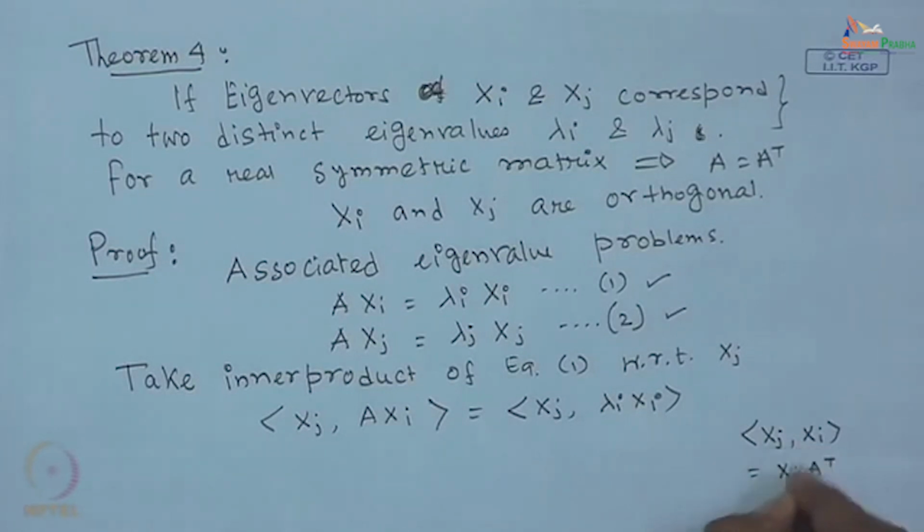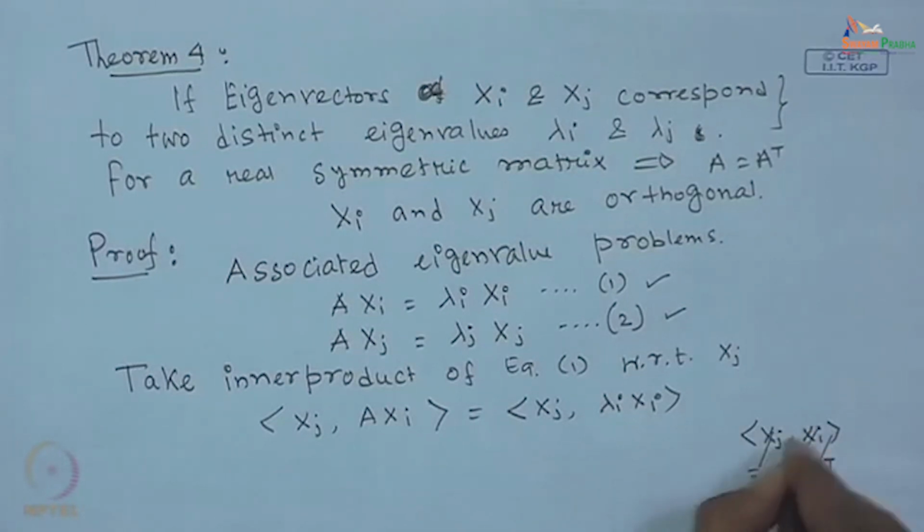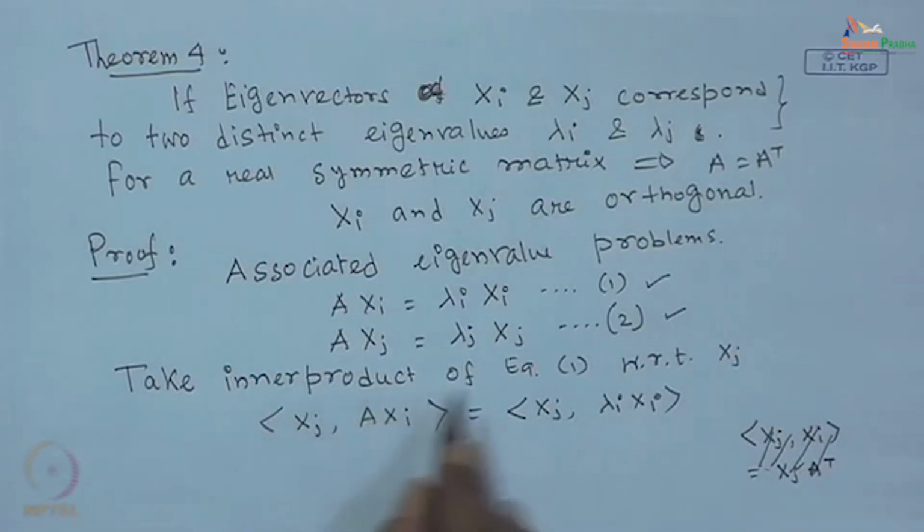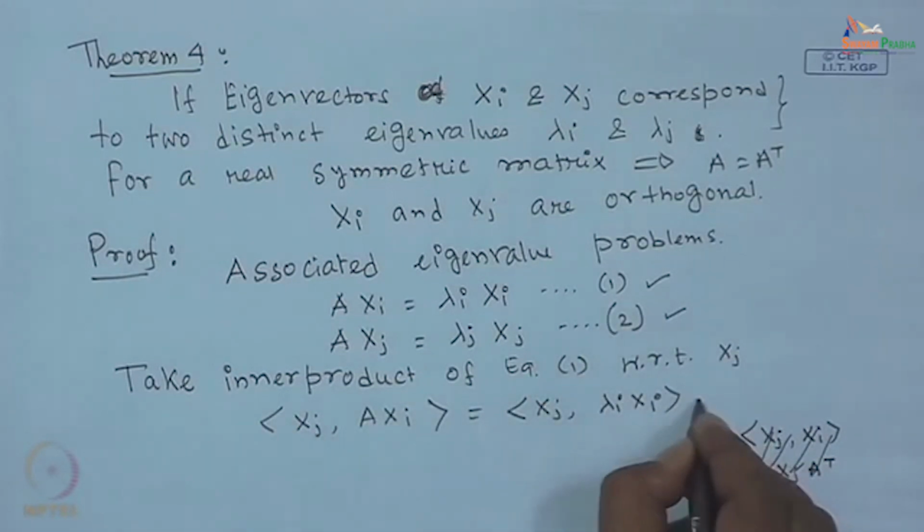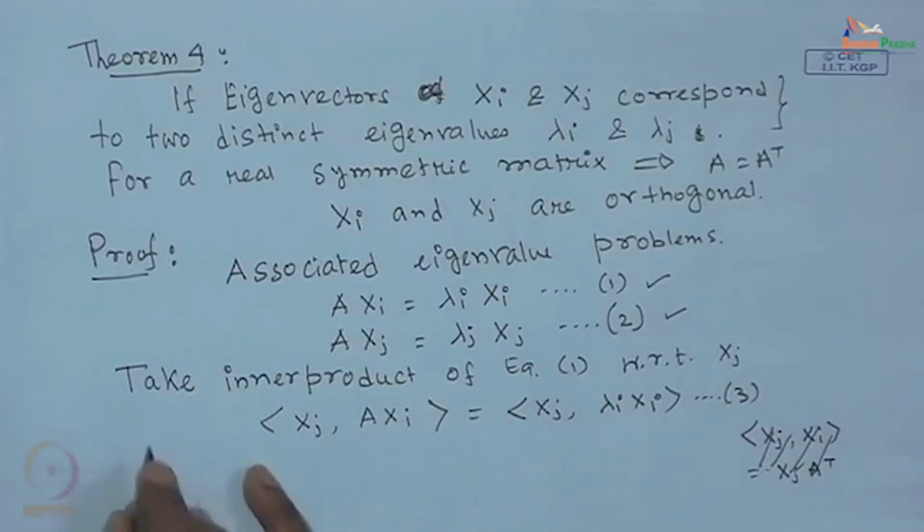Okay, we will be doing that later on. First, we take the inner product of equation 1 with respect to x j and we will be getting equation number 3.